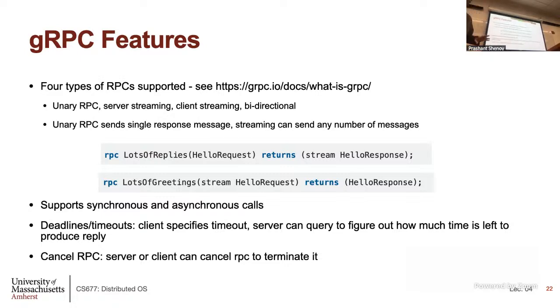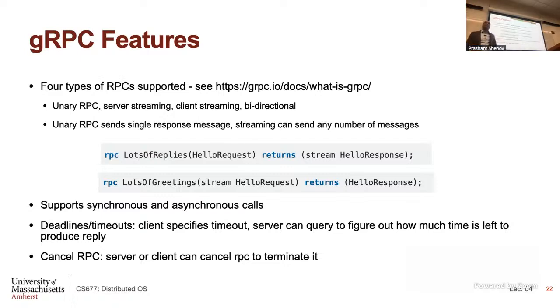Not only that, you can also send what is called streaming data from the client to the server. You can send streaming data from the server back to the client in addition to making an RPC call. So you can ask, what is the streaming data?